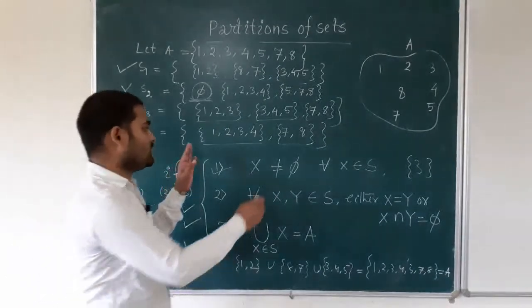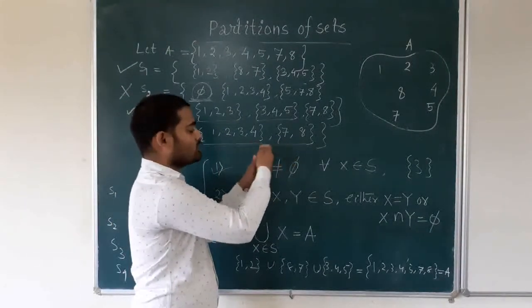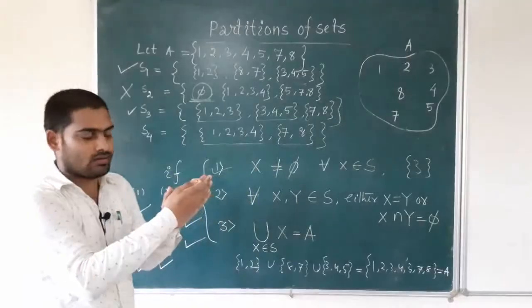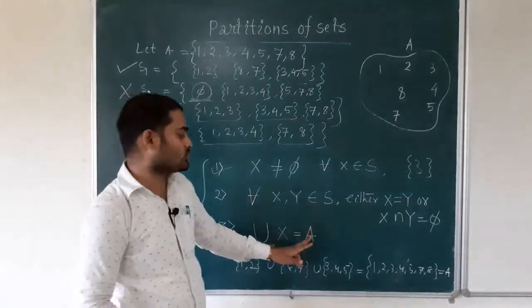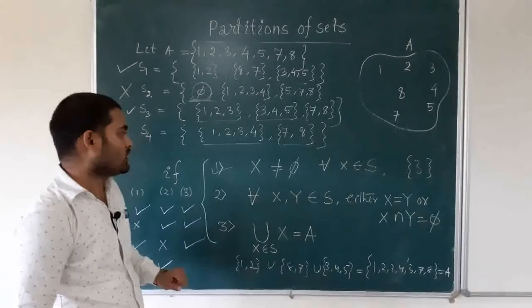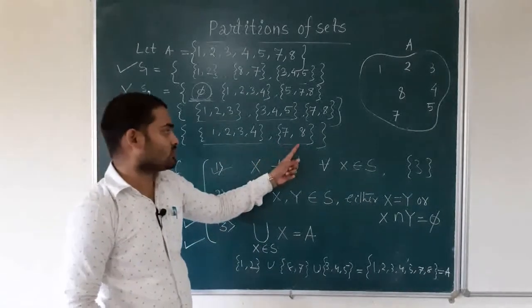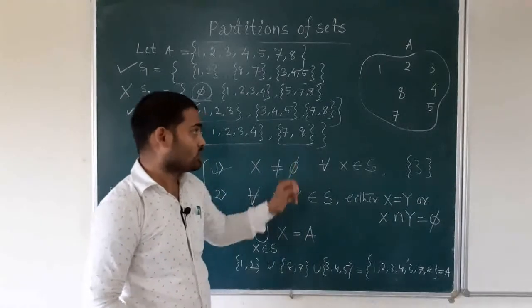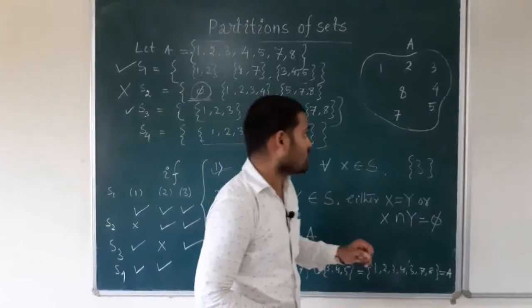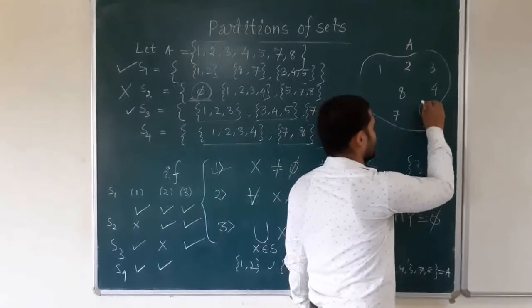But the union of these subsets is not equal to A, because these subsets do not contain the element 5.